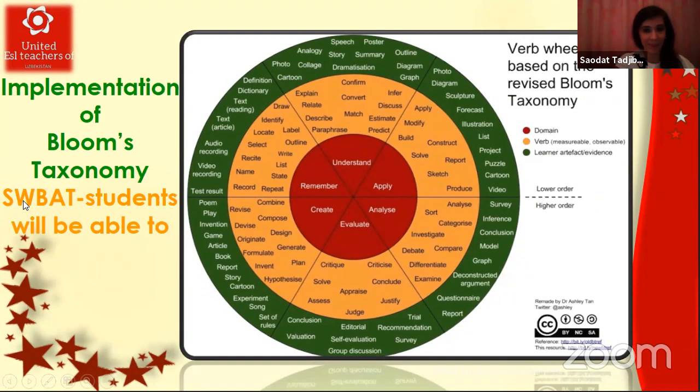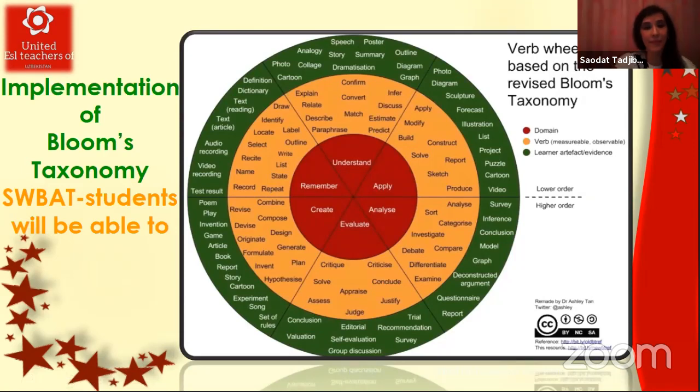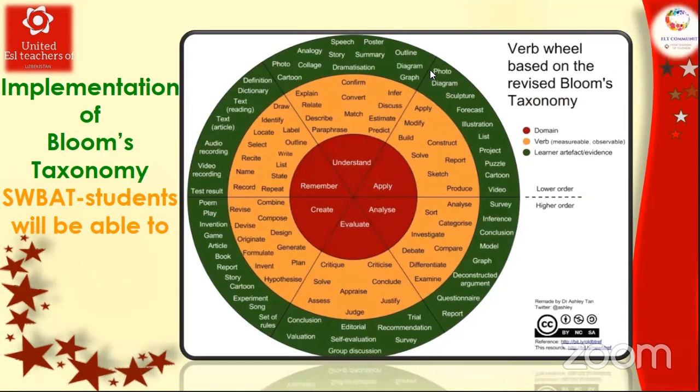Begin. Well, for remember, maybe record or read about this article. Then to understand, to explain. After reading, give some examples and explain.